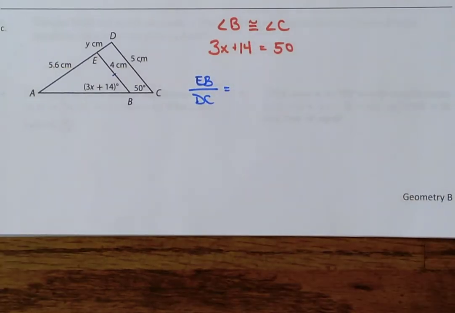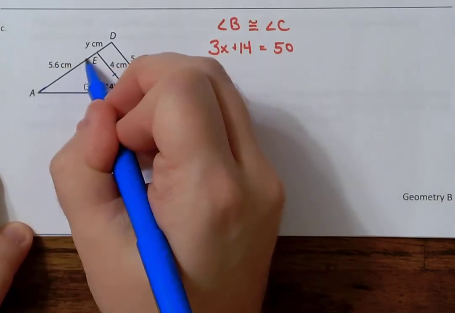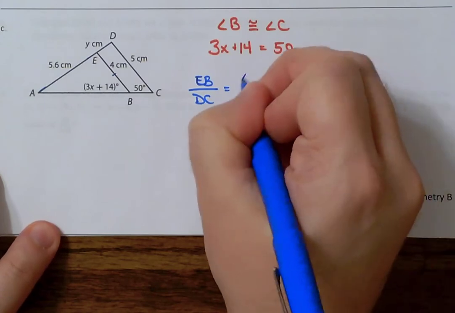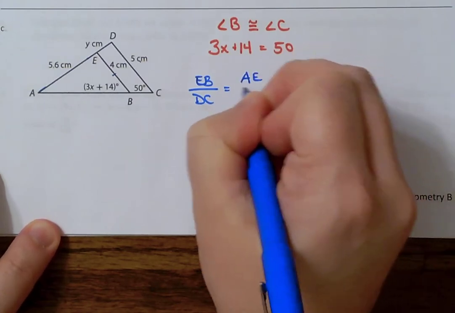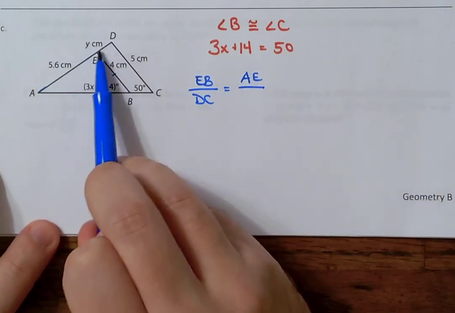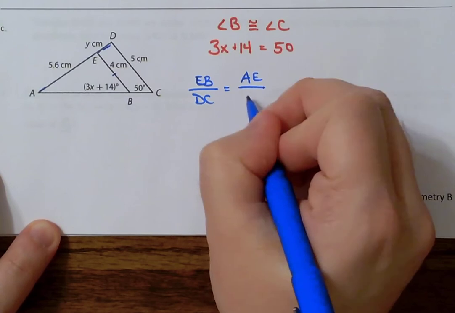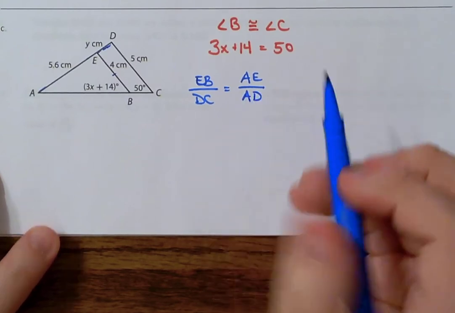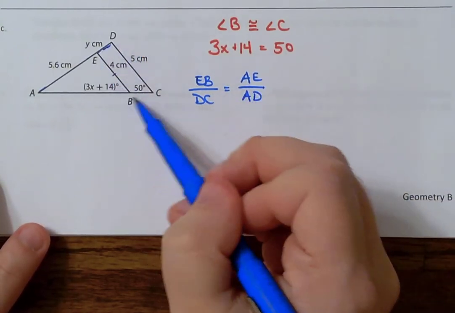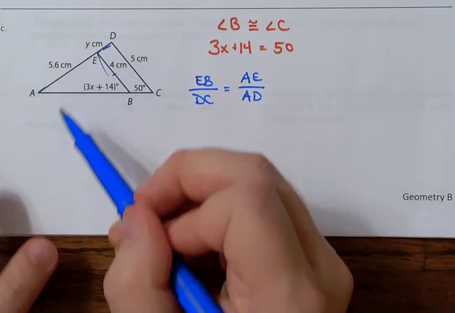The key, though, is setting up the other side. Okay, if EB is for the smaller one, that means our smaller side length is AE. And then our larger side length is not just going to be this little part here, but it has to be the whole thing of AD.